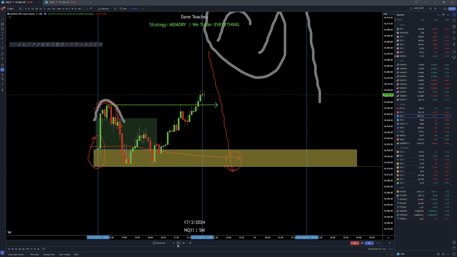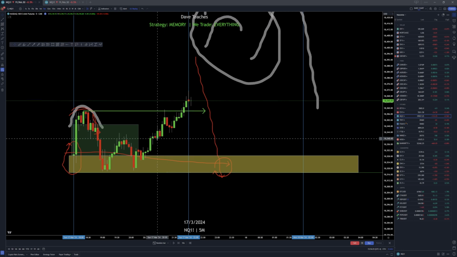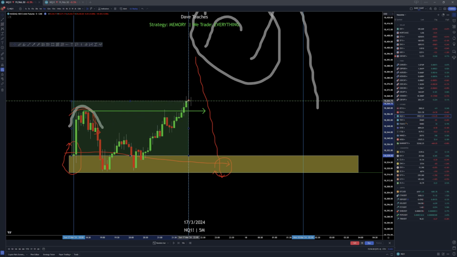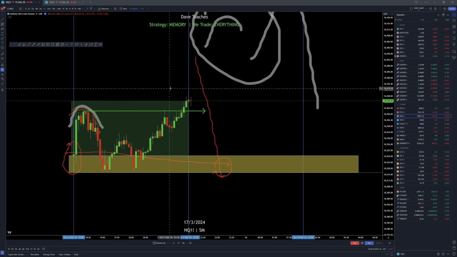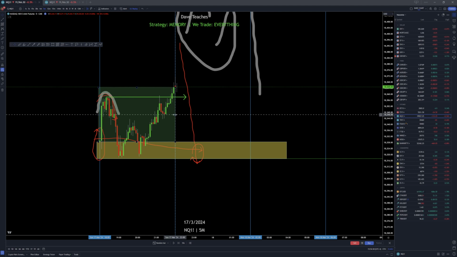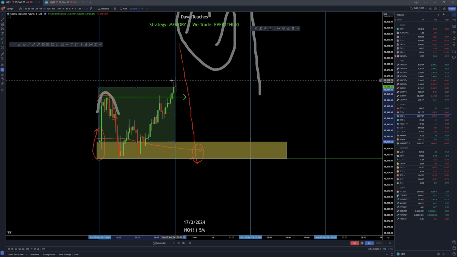So nice. We made it to our 4-hour candle closure. And what does it look like? Here, right? So this is the body of the previous 4-hour candle, right?